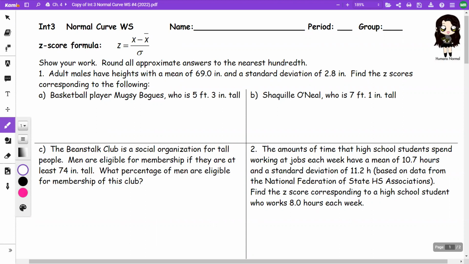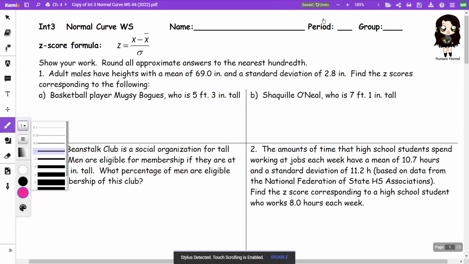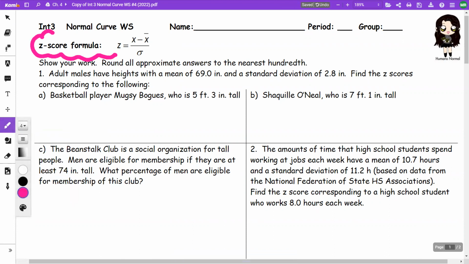And on this, at the very top, I had this in notes earlier, but when we first learned this, it's something called a z-score. Now, a z-score, you're going to take the value and subtract the mean, and that's going to give you how far off you are from the mean.